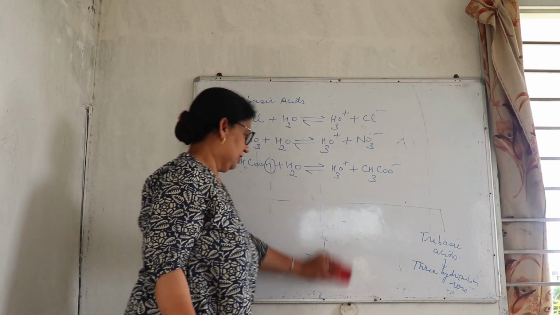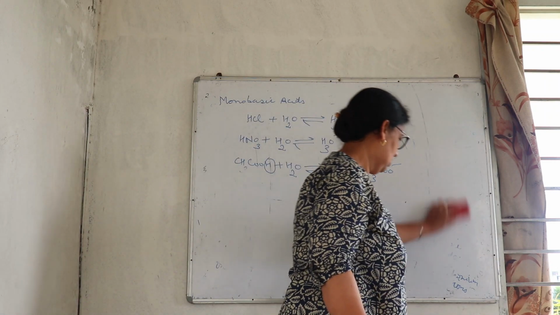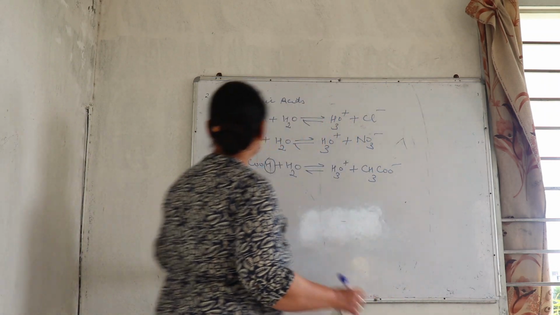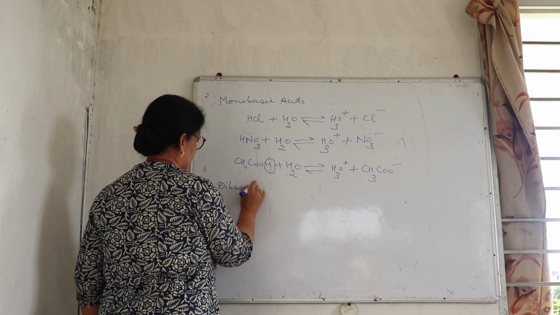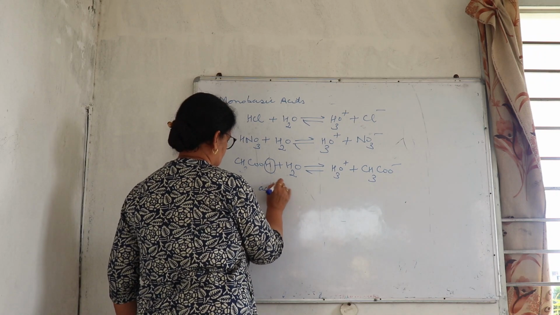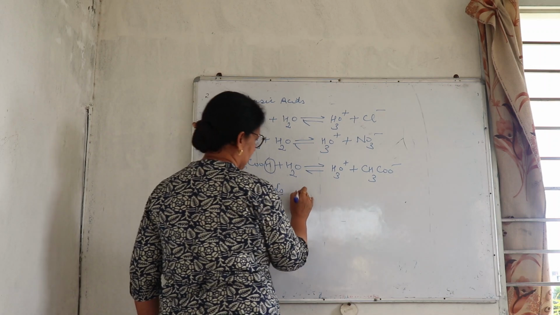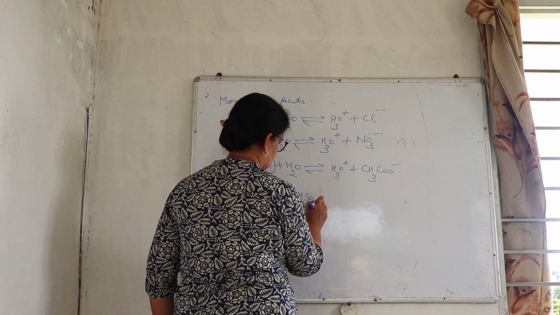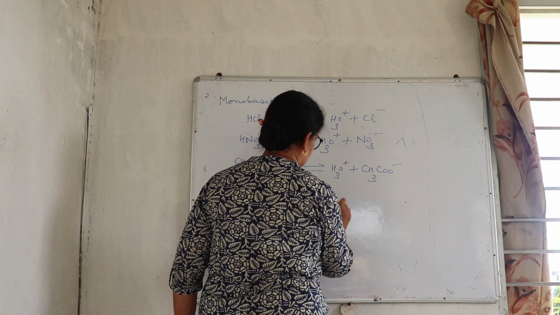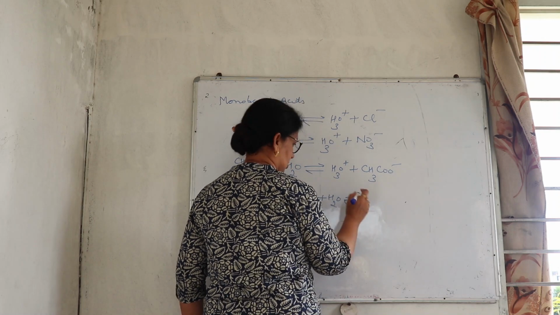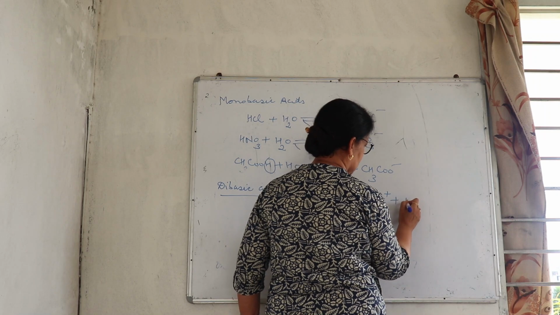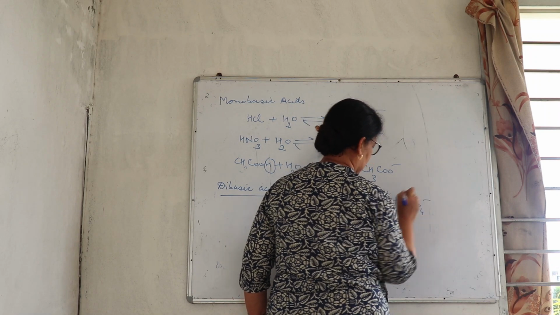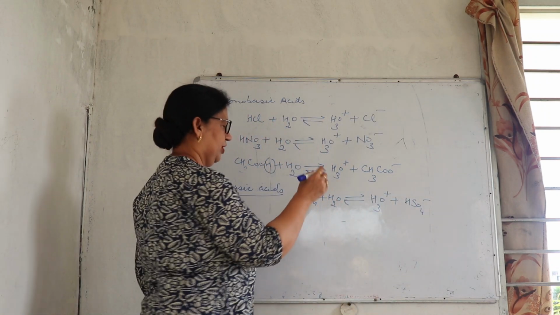Now dibasic acids, which produce two hydronium ions, like sulfuric acid. When dissolved in water, that will give hydronium ion plus HSO4 negative, that means hydrogen sulfate.